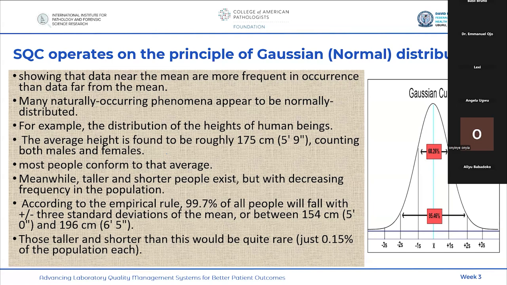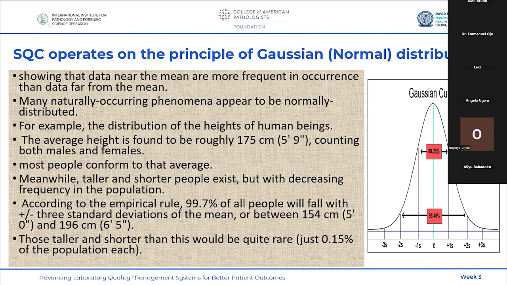For every test that is done in the lab, there is a principle. For a reagent that is used, it is actually a reaction of one thing with the other that can produce a particular result. So every one of our tests in the laboratory has a principle. So does statistical quality control. This operates on the principle of Gaussian distribution.